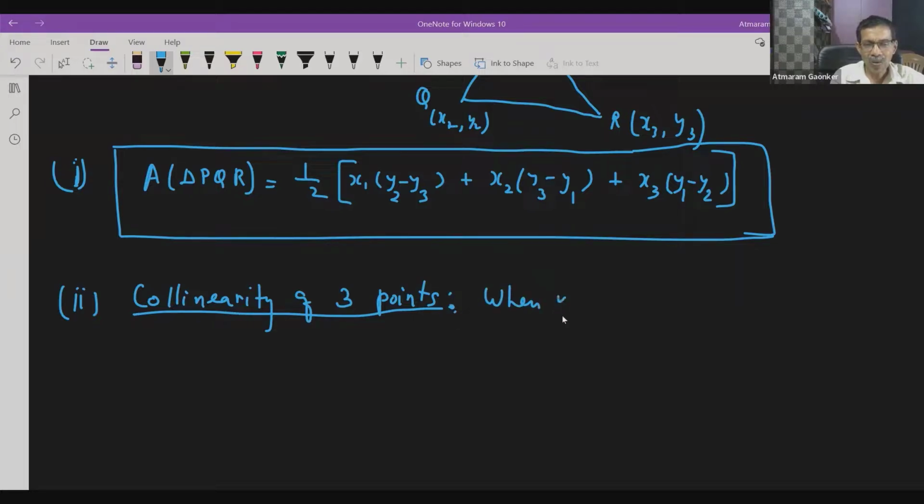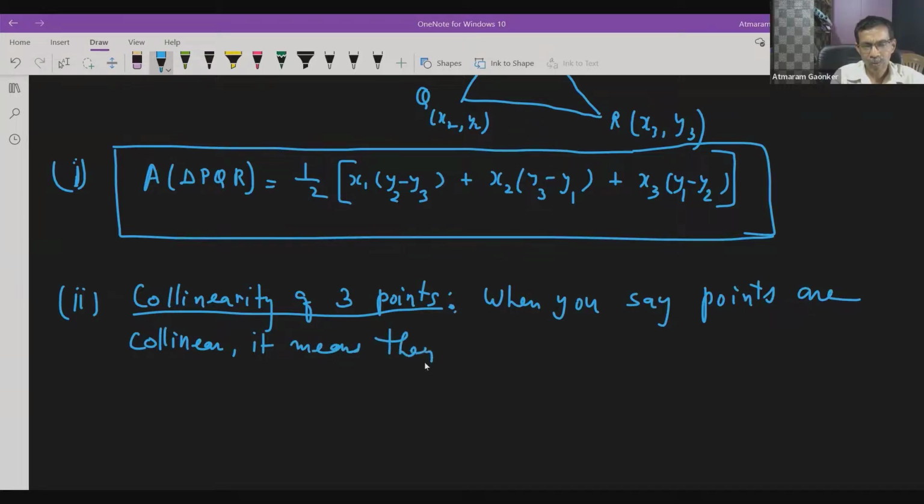So when you say 3 points are collinear, it means they are in the same line. They are on the same line. Meaning what?